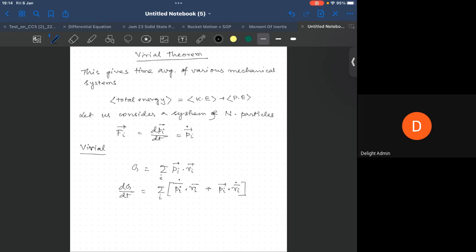Now we know that this ri dot is the velocity. So from here I can write, for the second term, the sum over i of m vi dot vi, plus the sum over i of pi dot ri.